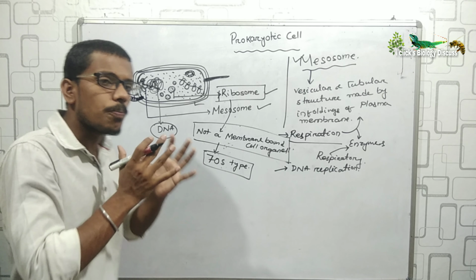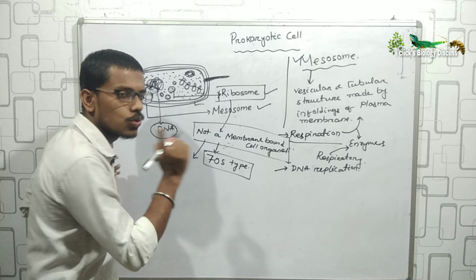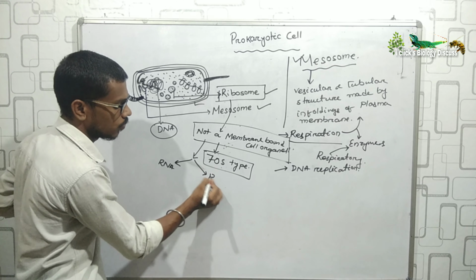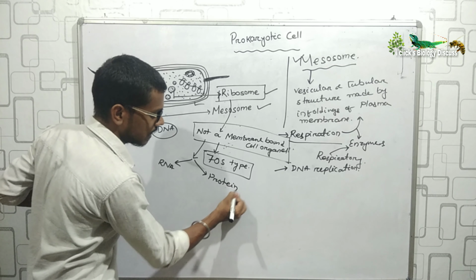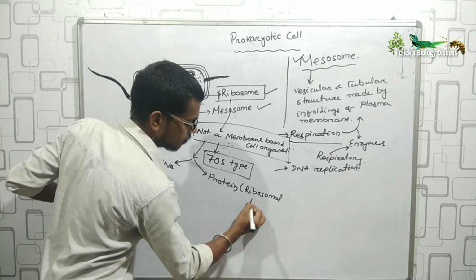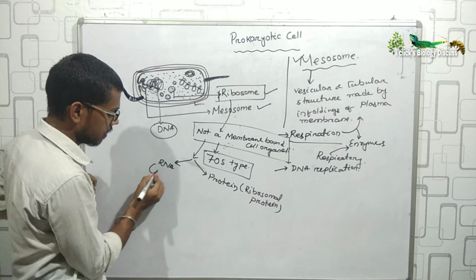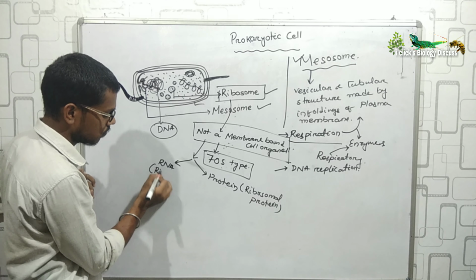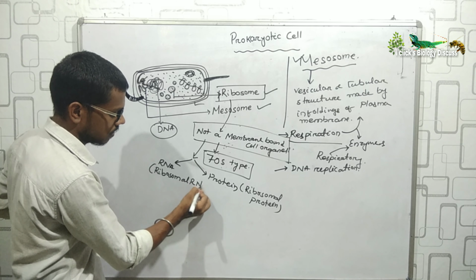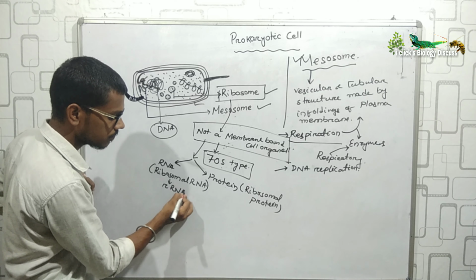If we see the composition of the ribosome, it is mainly made up of two things only. One is RNA, another is protein. The protein may also be called ribosomal protein, and the RNA is called ribosomal RNA, or in short form you may write it as rRNA.